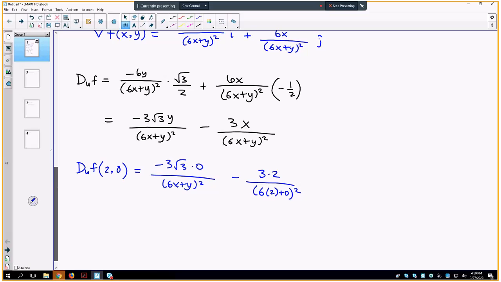This should also be that, but of course it doesn't matter because this term is going to be 0. Nonetheless, let me write it. So that would be 6 times (2 plus 0) squared. And so it works out to be negative 6 on top, and on the bottom 144. Minus 6 over 144, and that's minus 1 over 24.